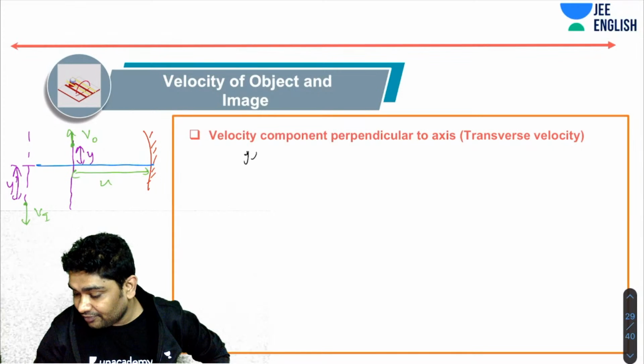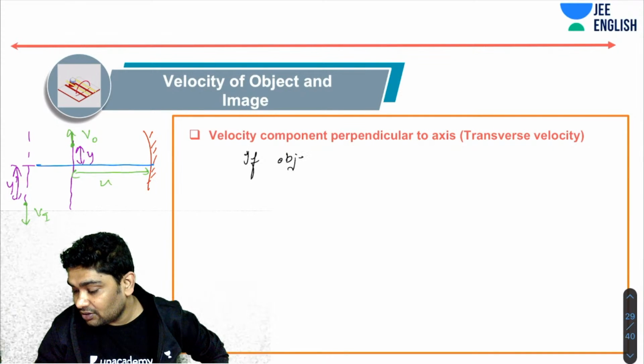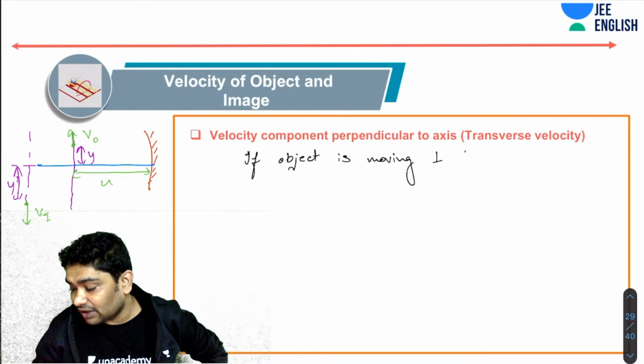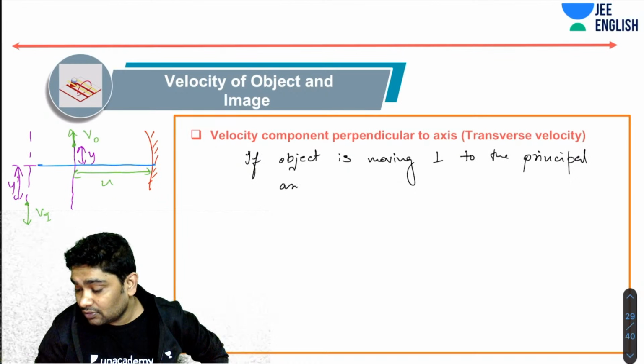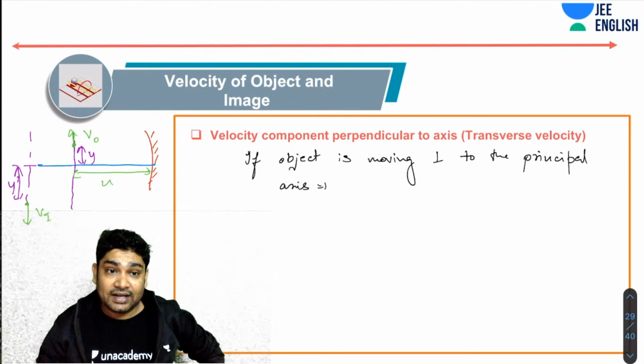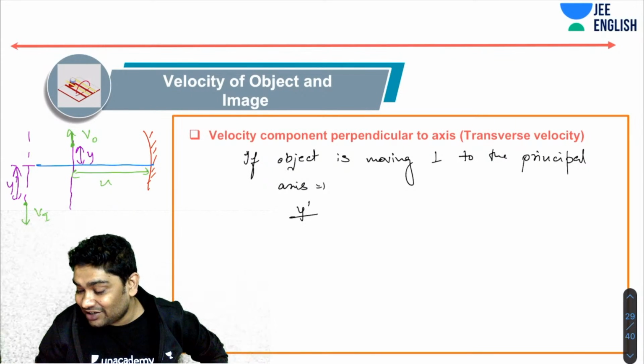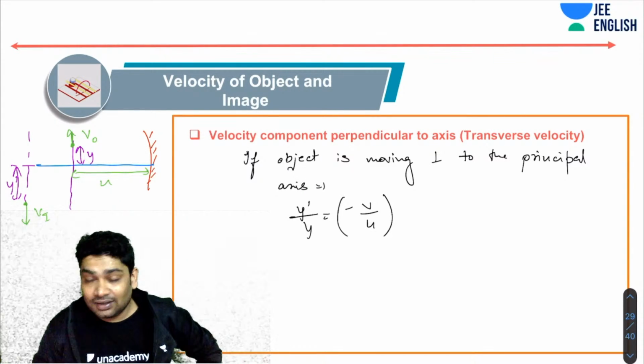So if the object is moving perpendicular to the principal axis, I already know the ratio of y dash to y. I know y dash over y equals minus v over u, correct?